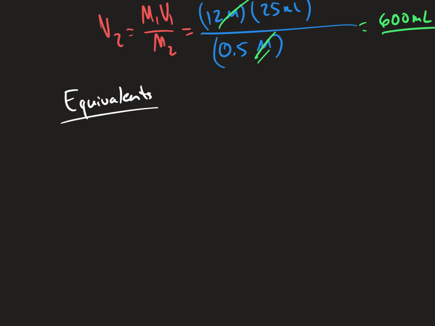So here's how we find the equivalent, and this is just going to be a conversion factor we can use to convert to what we're looking for, okay? So for example, we might want to know how much iron 3+ is in blood.